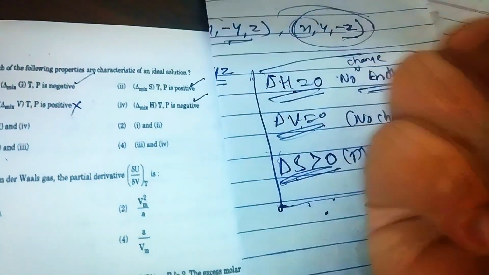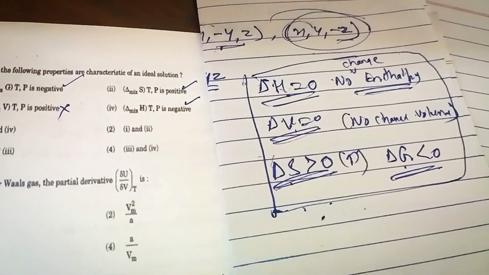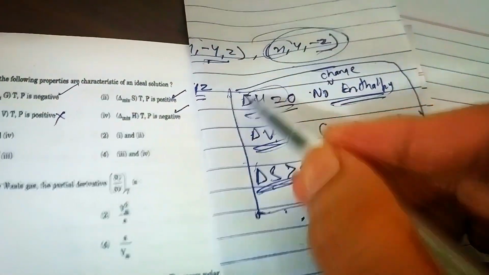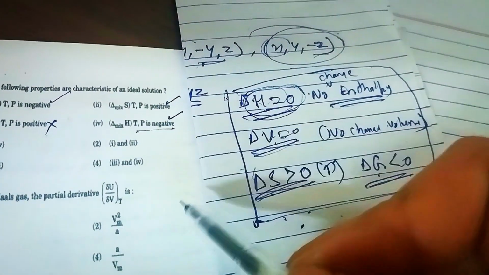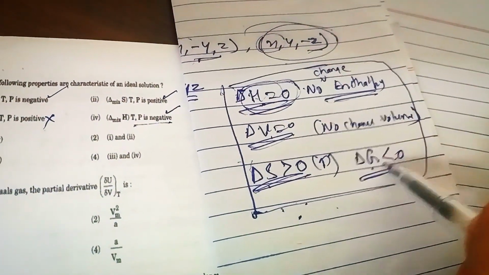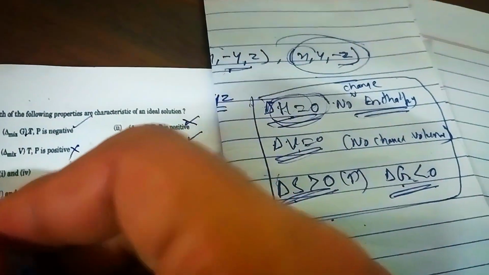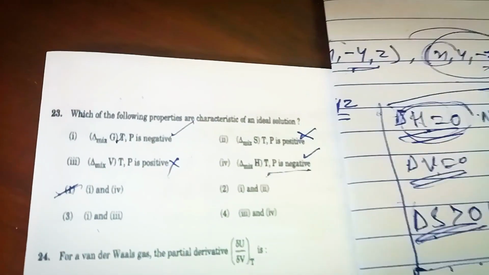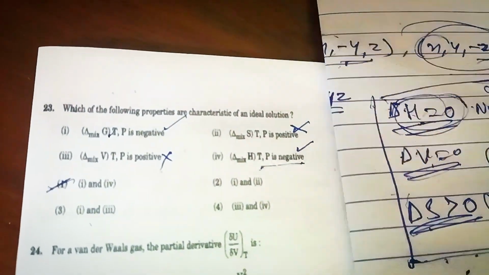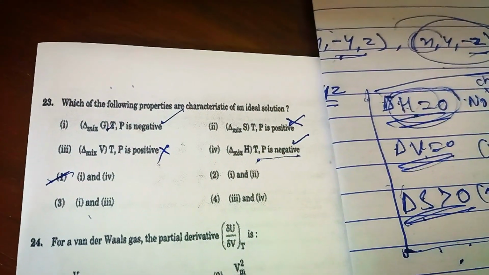So this one is right. Sorry, delta S is 0 but here they are telling negative. There is no less than. Okay, so this is wrong. So 1 and 4 are correct. These are the characteristic properties of an ideal solution.